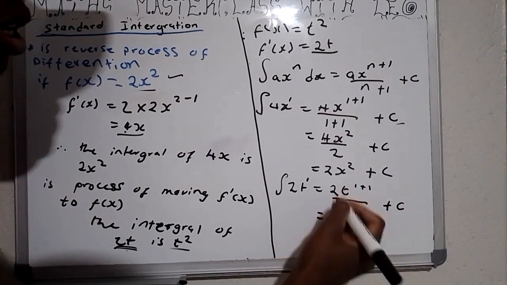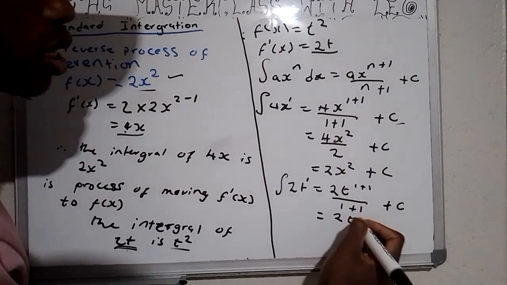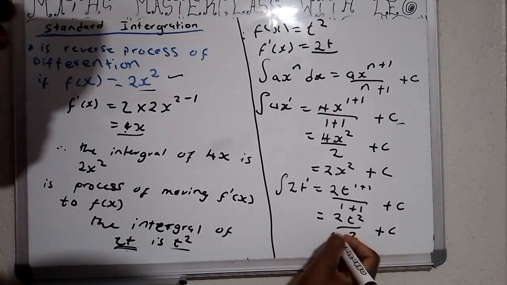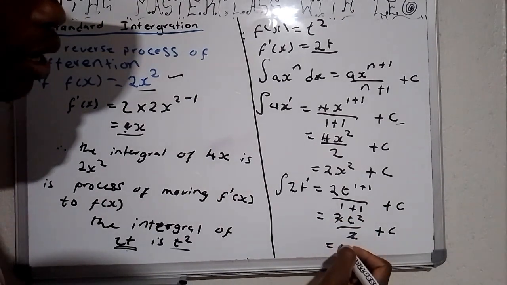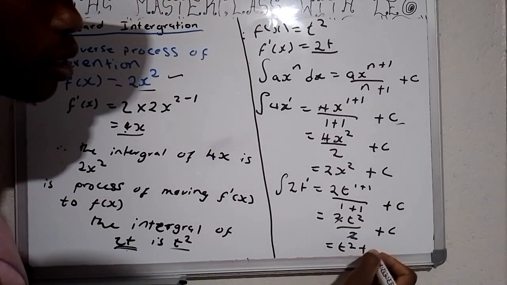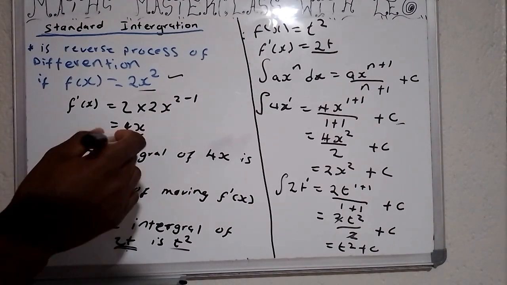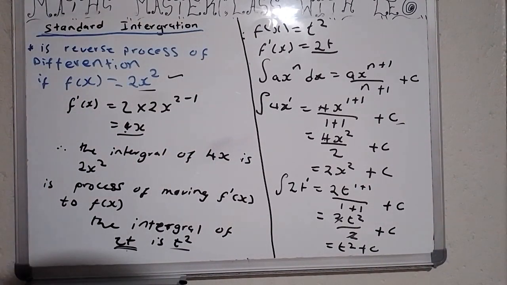And this will give me 2t squared over 2 plus c. The 2s cancel, then I'm going to have t squared plus c. You see, when I integrate 2t, I'm getting t squared. When I integrate 4x, I'm getting 2x squared.